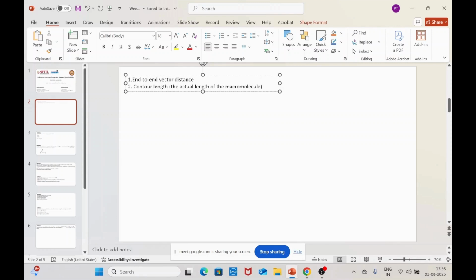If you see in a polymer coil, the end-to-end vector distance will be less than the contour length. So can you tell me a situation, or a configuration, when the end-to-end vector distance and the contour length will be the same?